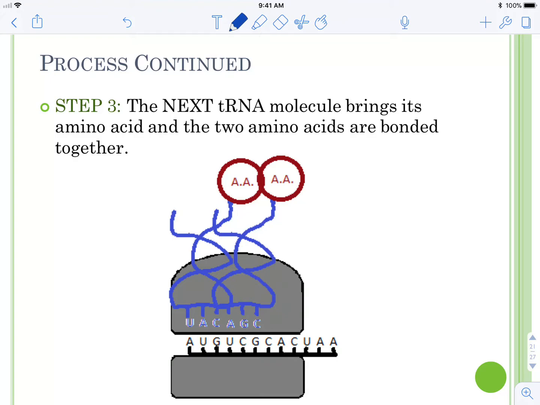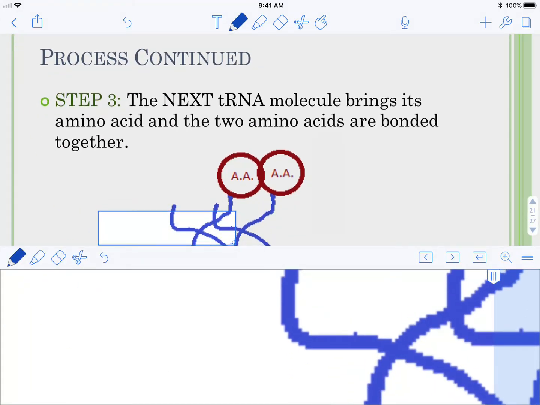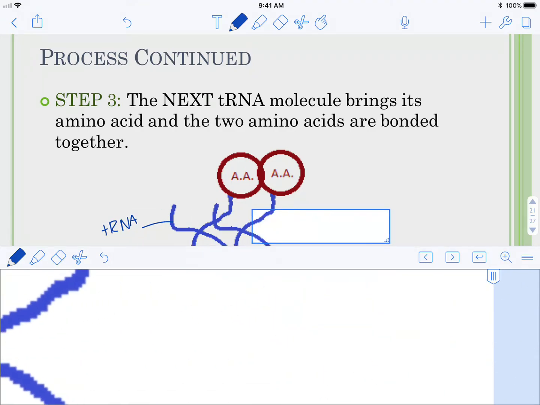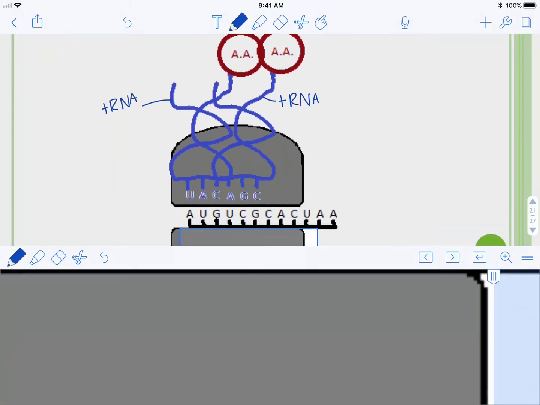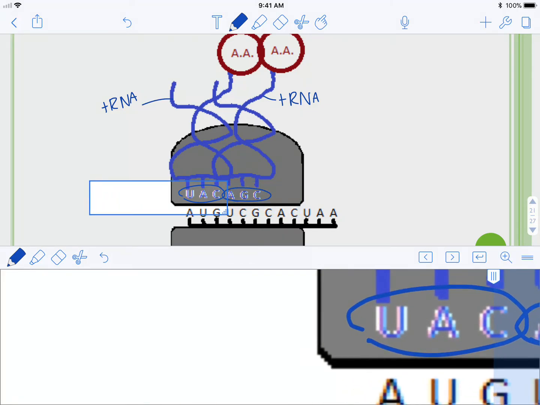In step 3, let's label all our parts here so we know what's going on. The blue is our tRNA, and we should see a second tRNA molecule over here. Okay, we should see 1, 2 anticodons.